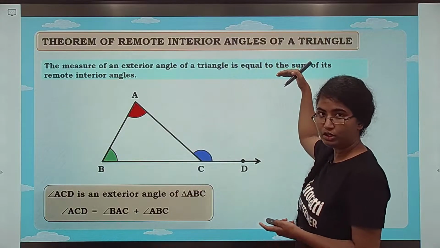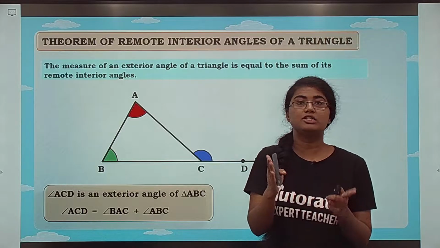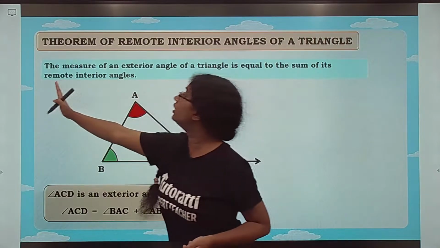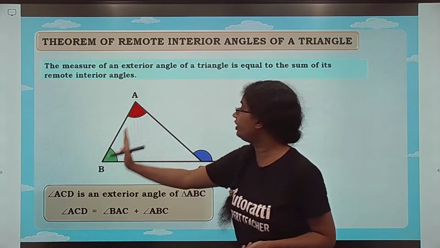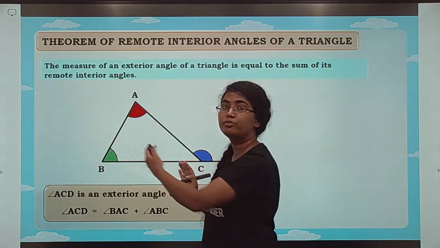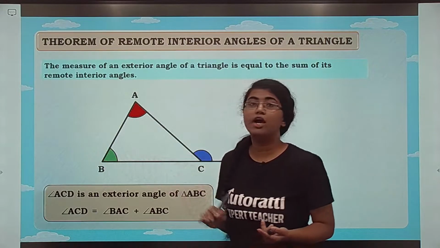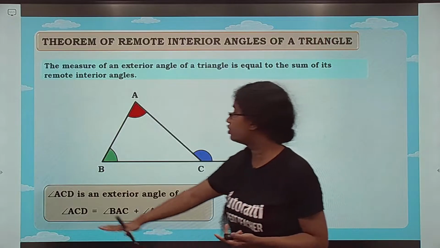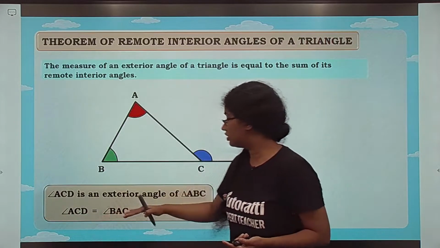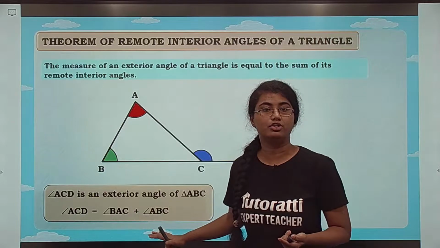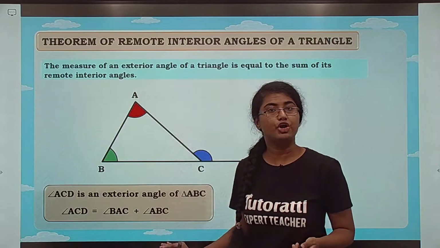It is equal to the sum of, sum is addition, so sum of what? Remote interior angles. Remote interior angles are the ones that are further away from the exterior angle. So A and B are your remote interior angles. So the measure of the exterior angle is equal to the sum of the remote interior angles. This is the property. This is the theorem.